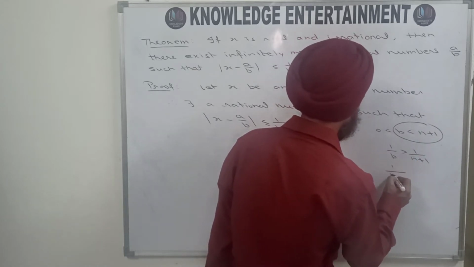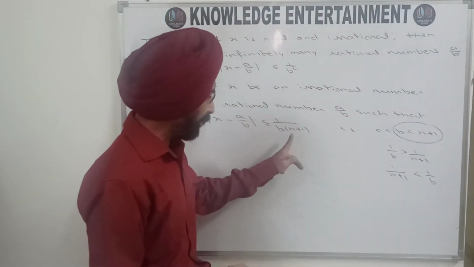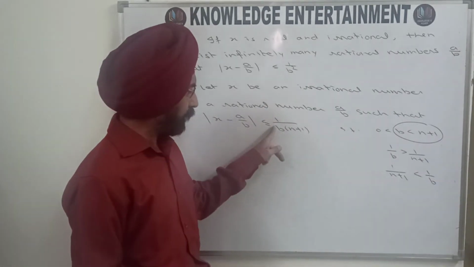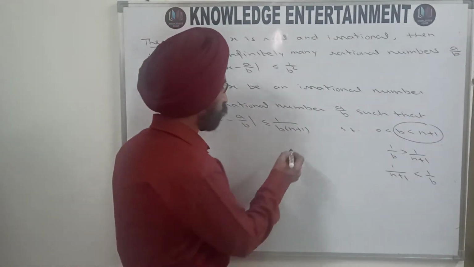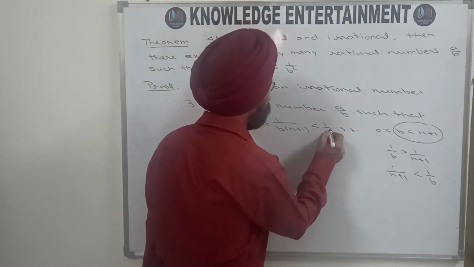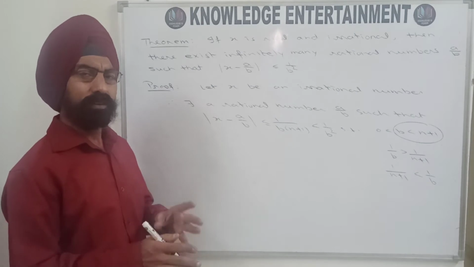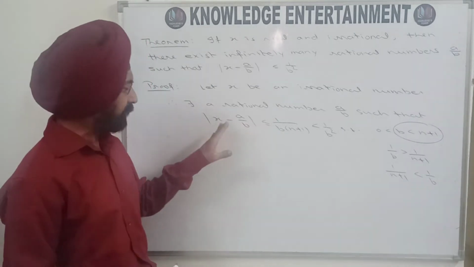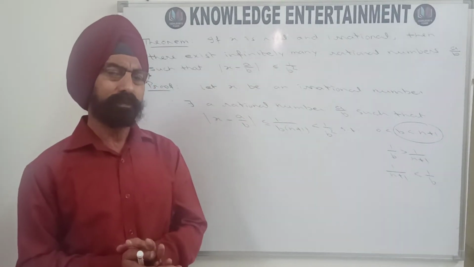So 1 upon n plus 1 is less than 1 upon b, and that I am going to use here. So 1 upon b into 1 upon n plus 1 is less than 1 upon b into 1 upon b, that is, 1 upon b square. So that means we have proved that there exist rational numbers satisfying mod x minus a upon b is less than or equal to 1 upon b square.